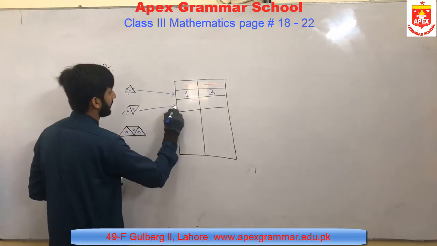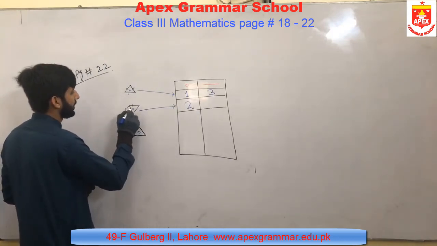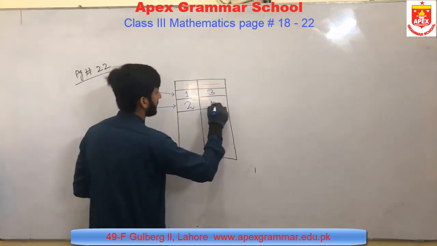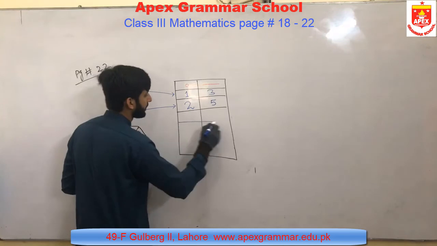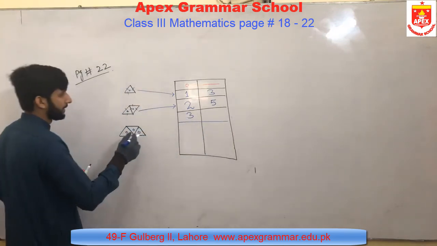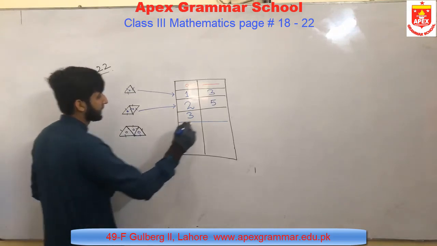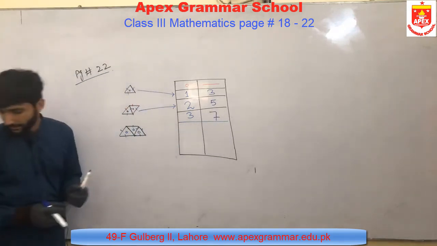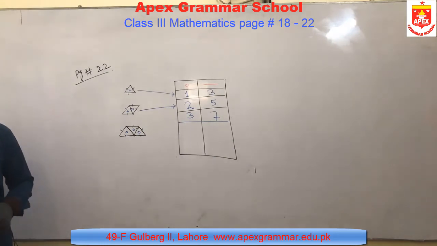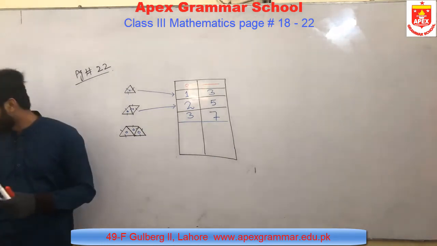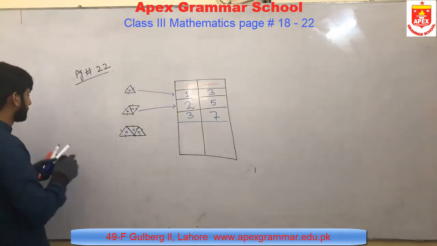Then 2 dots in this figure and the number of lines are 1, 2, 3, 4, 5. In the last figure, there are 3 dots and the number of lines 1, 2, 3, 4, 5, 6, 7. 7 lines are given. A part I have solved for you, and the remaining 3 parts you have to solve by yourself in your book. This is on page number 22, book 3A.